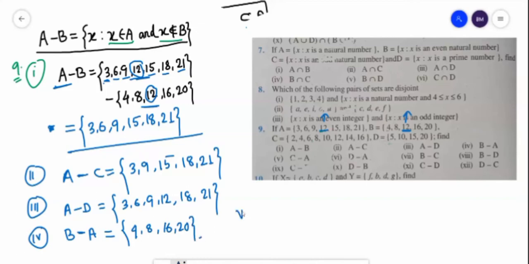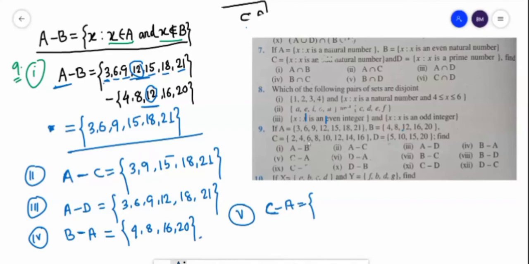Number 5, C minus A. Same thing. If any elements are common in C and A, we have to remove them from C, as we are subtracting A from C. Check that C is multiples of 2, A is multiples of 3. 12 is there and 6 is there.